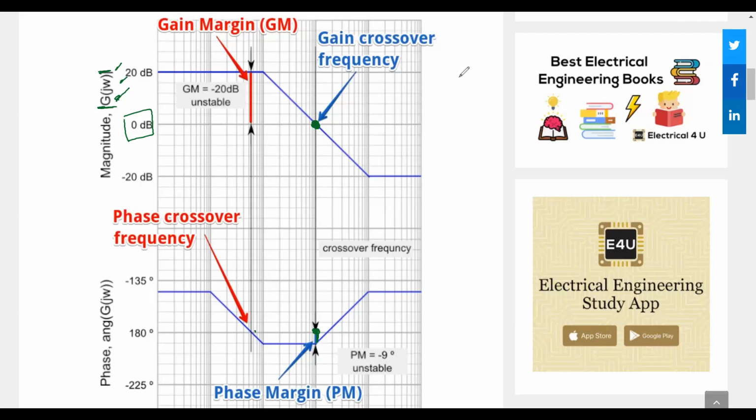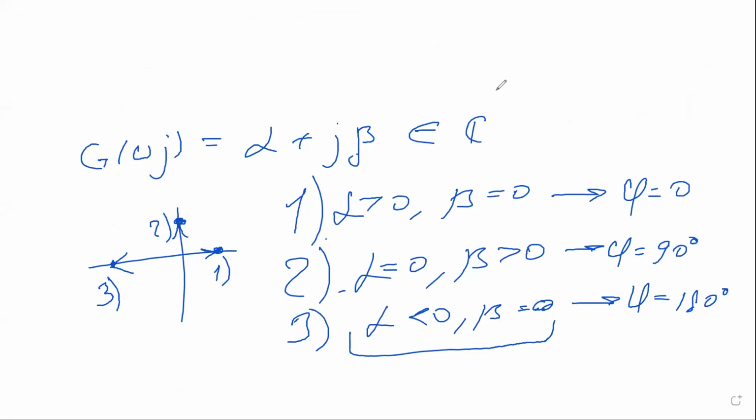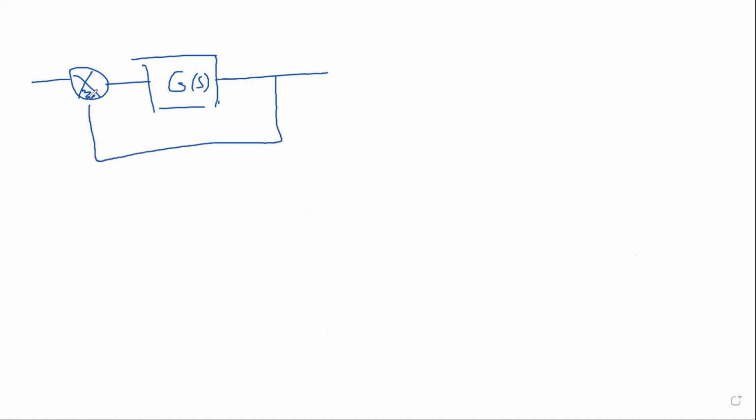All right, so now let me go back to what I was trying to say. Why I'm talking about margins, why I'm talking about shifts. I remember previously I mentioned that we had this scenario where we had our plant G of S, sorry about the horrible drawing, with this feedback loop.